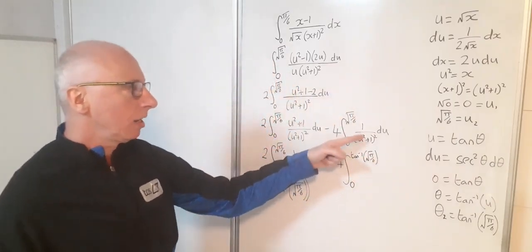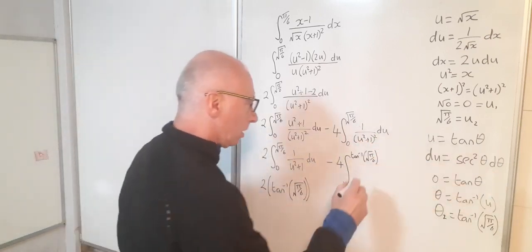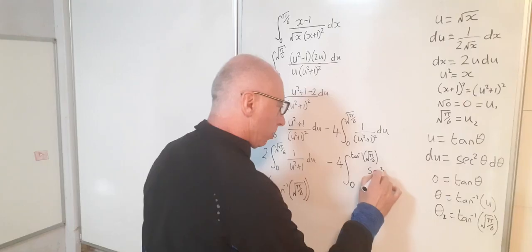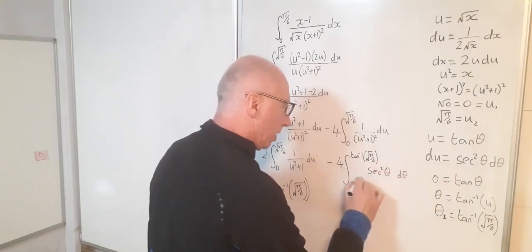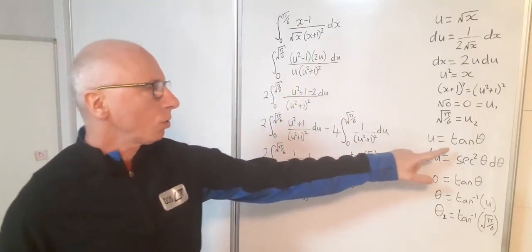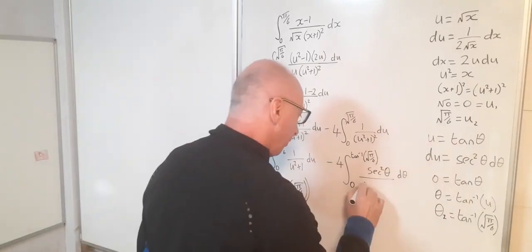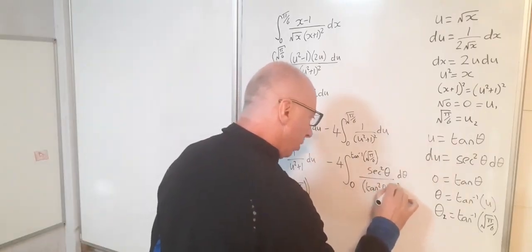Now we've got here, we've got 1 and I've got du, well, secant squared d theta. So I've got secant squared and then d theta. And then in the bottom, u squared plus 1 squared. Well, u squared is tangent squared theta, and then plus 1 all squared.